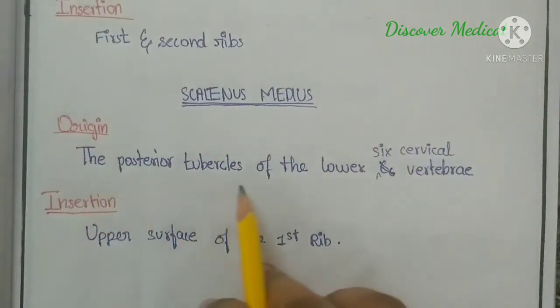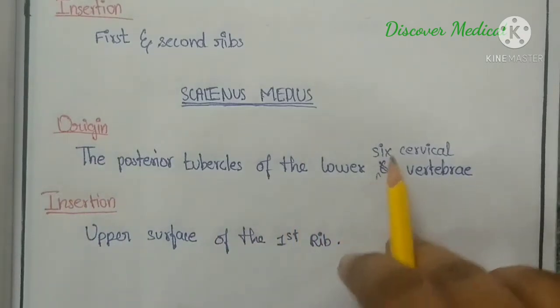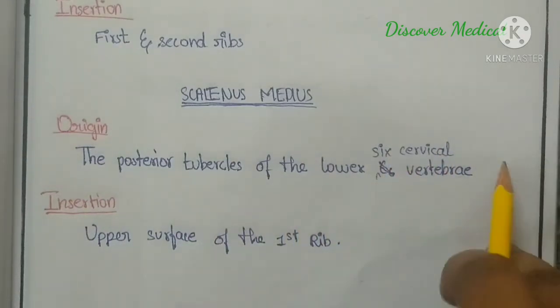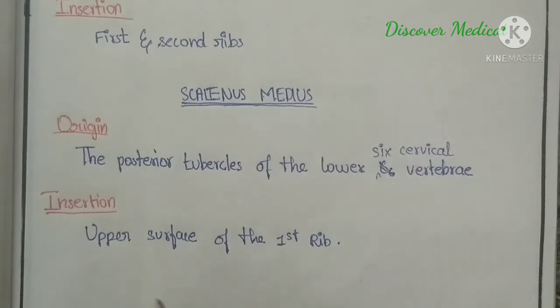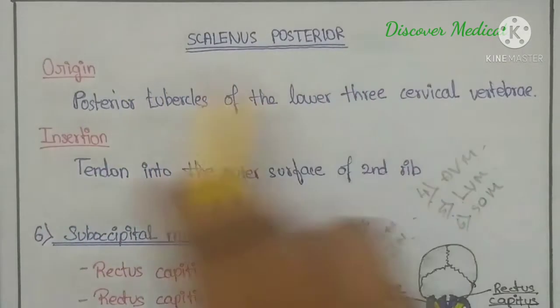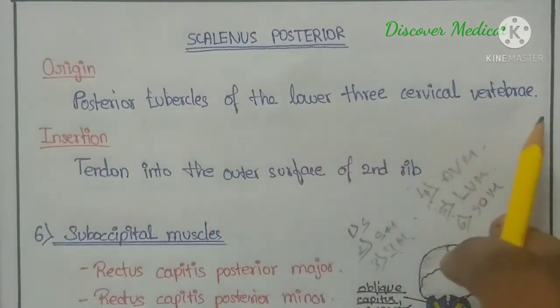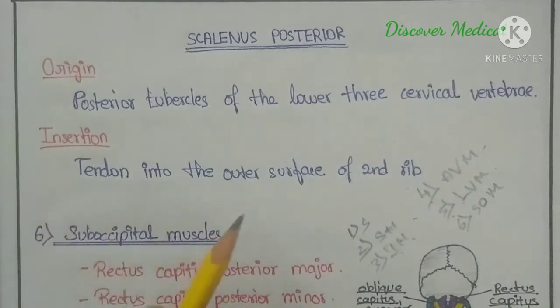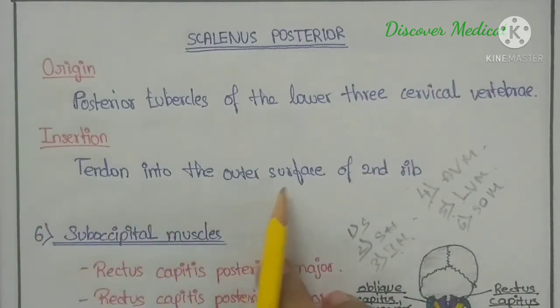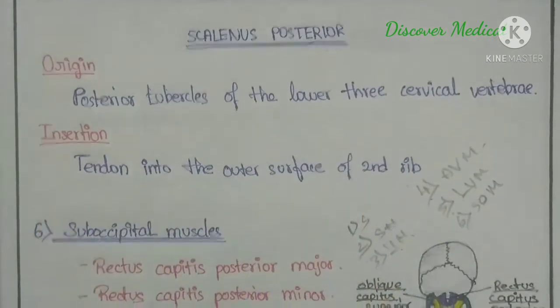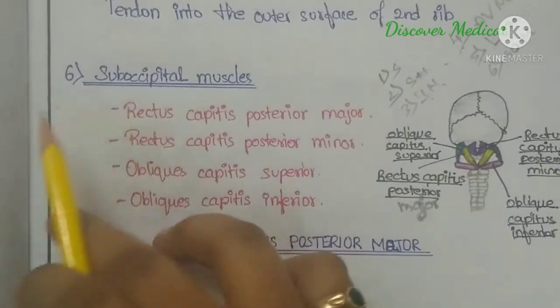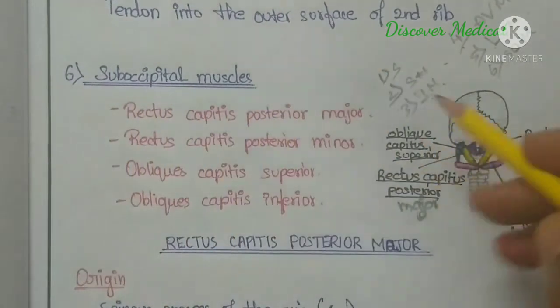Origin: the posterior tubercles of the lower 6 cervical vertebrae, inserted at the upper surface of the first rib. Scalenus posterior. Origin: posterior tubercles of the lower 3 cervical vertebrae, inserted by a tendon into the outer surface of the second rib.